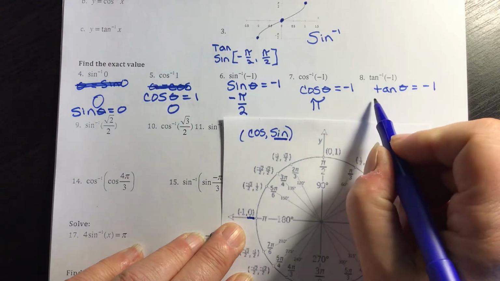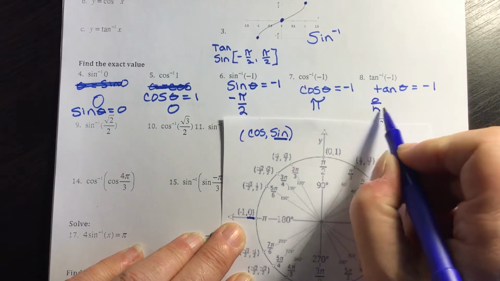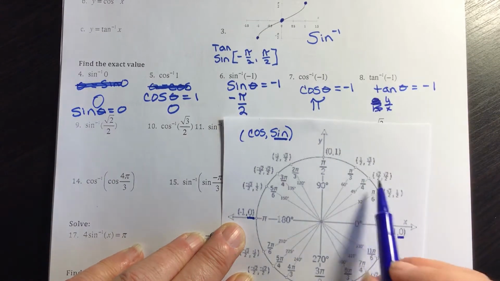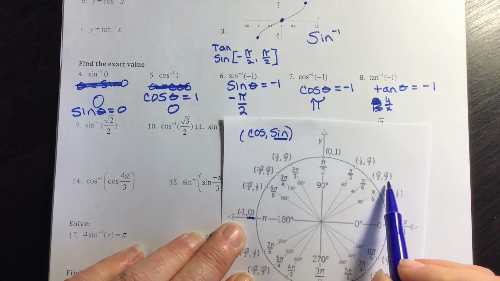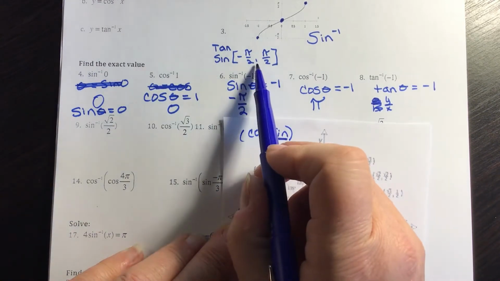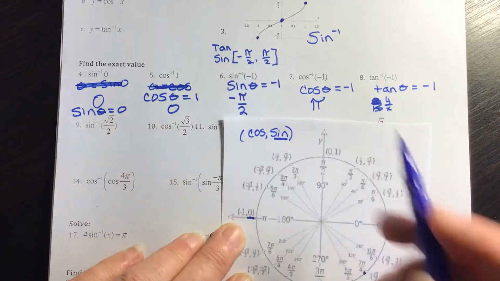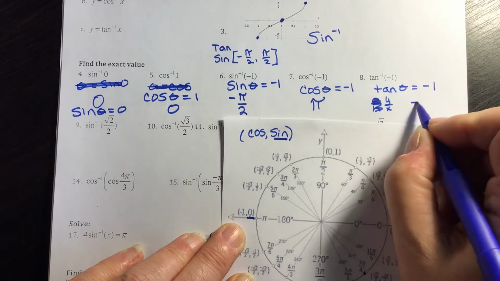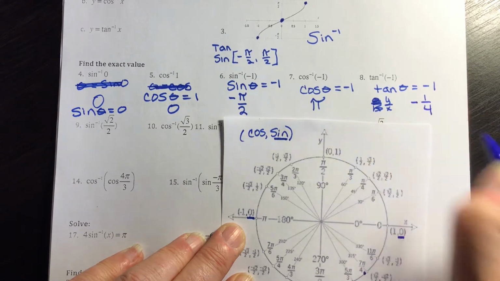Remember, I have tangent is opposite over adjacent, or y over x. If I'm looking at my unit circle, the x and y values have to be the same, but one of them has to be negative. So I'm going to look back here, and it would be this angle here, which is 7 pi/4, but 7 pi/4 is not in my domain. I can name that negative pi/4. So my angle is negative pi/4.